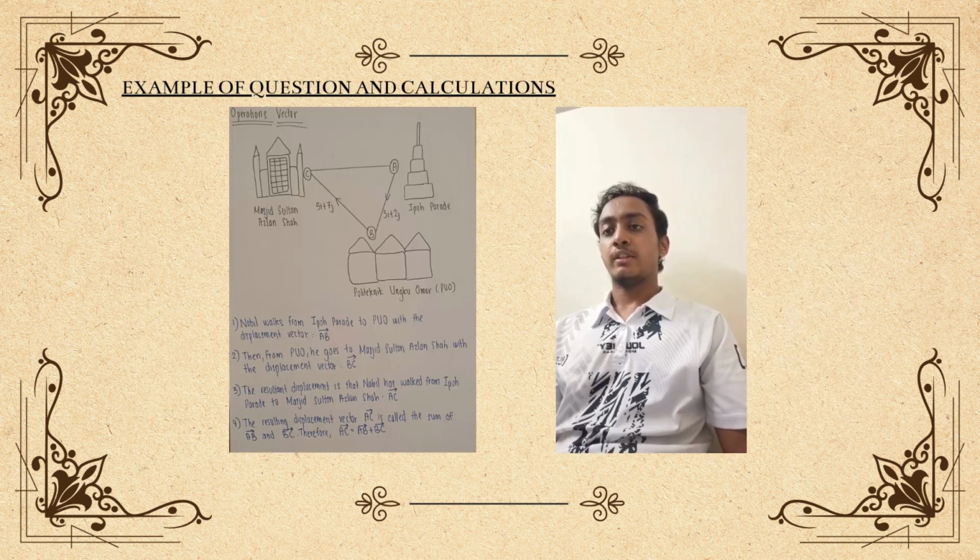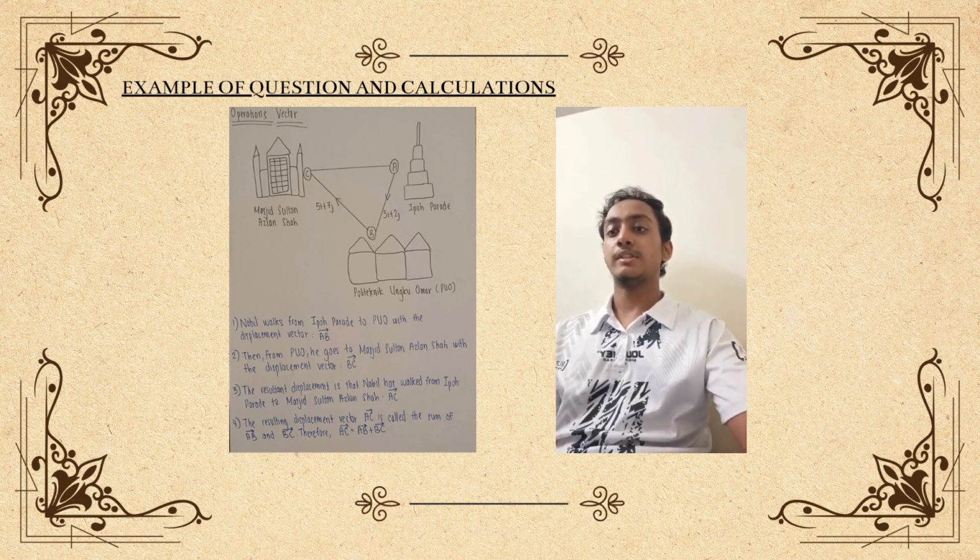Operations of vector. As you can see, there is Ipoh Parade, Politeknik Ungku Omar, and Masjid Sultan Azlan Shah. From A to B, it took 3i plus 2j, but from B to C, it took 5i plus 7j.